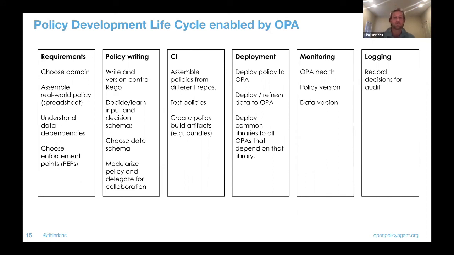Deployment, you need to deploy those policies to OPA and make sure that it's always got whatever policies it needs to make decisions. Monitoring all of the OPAs, logging all the decisions that OPA makes. So all of those headings should sound very familiar to anyone who's working in software development. Those same kinds of activities are the things that OPA, and all of its tooling enables, but for policy.